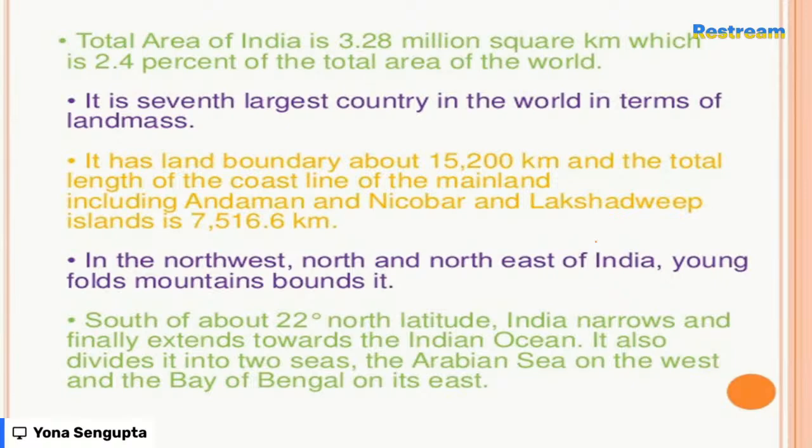Fourth largest is China, which occupies 9.60 million square kilometers. Fifth largest is Brazil, which occupies 8.51 million square kilometers. Sixth largest is Australia, which occupies 7.69 million square kilometers.